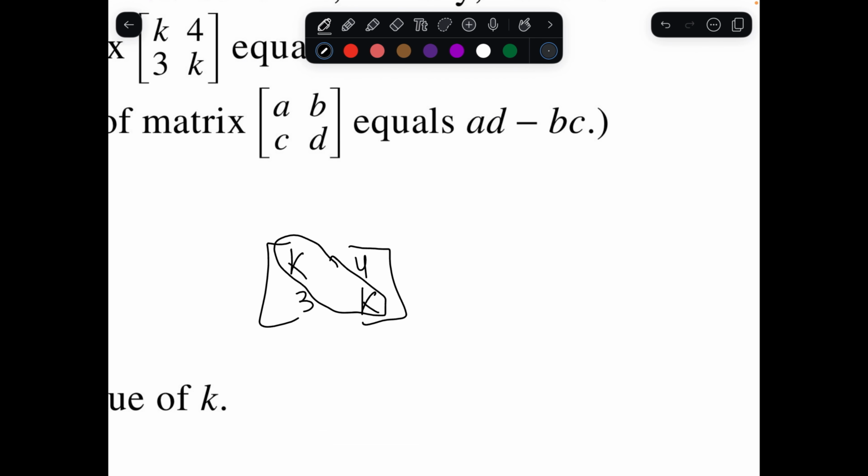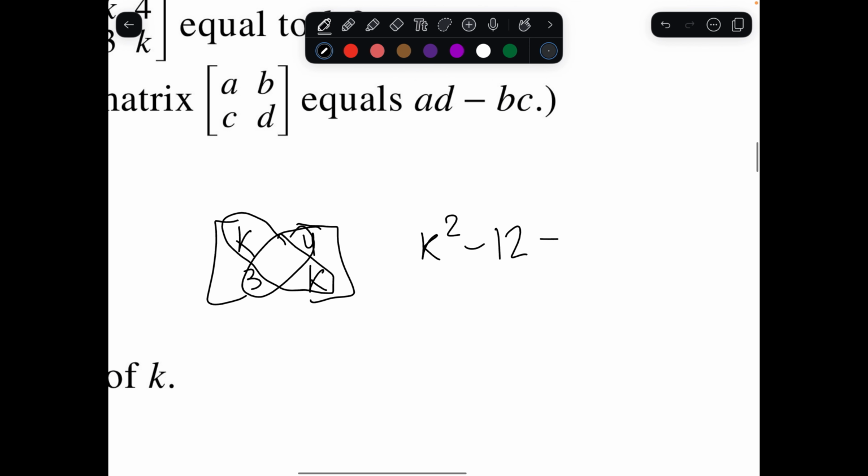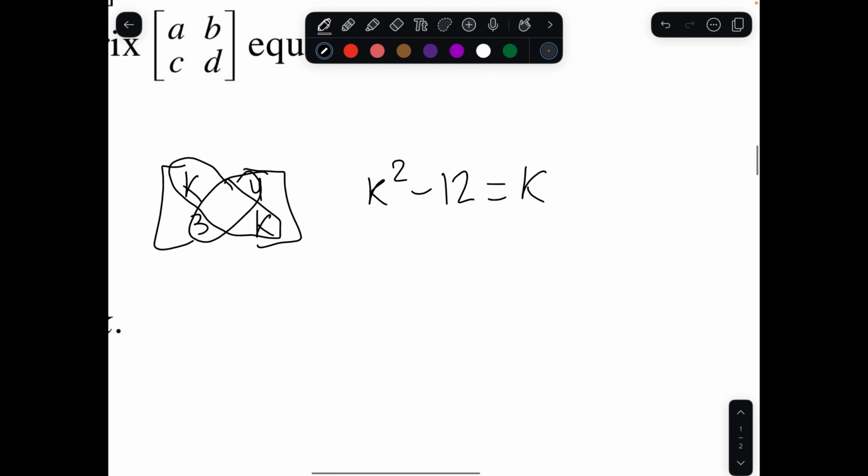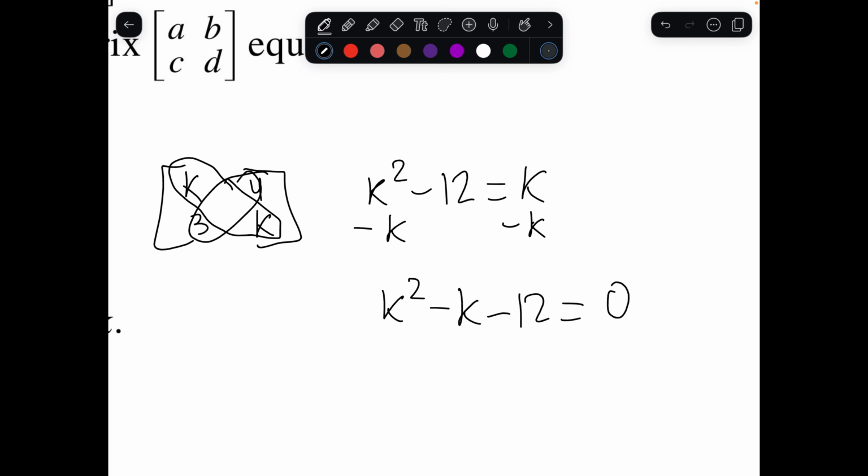AD minus BC. So you have 3K squared minus 12, and that equals K, because it says equal to K. So now, if you notice, this just looks exactly like a quadratic equation. So you can subtract K from the right side, and this becomes 3K squared minus K minus 12 equals 0.